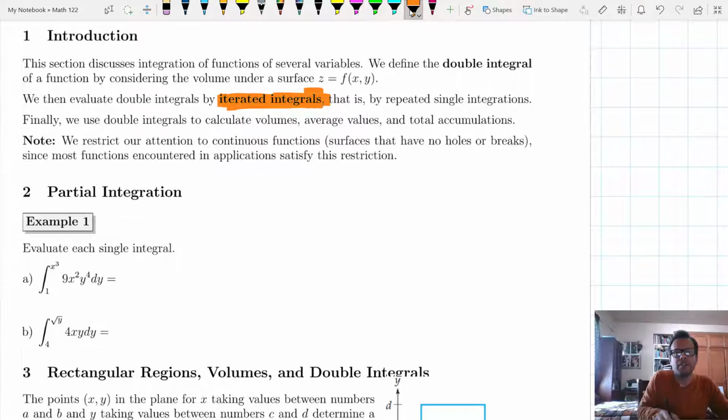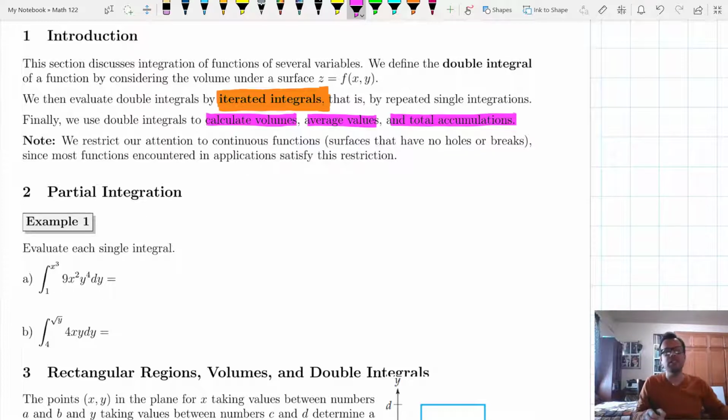You might have heard this term if you have taken a programming class, for example, iterations, when you do cycles. These integrals are used to calculate volumes, average values, and total accumulations. We're going to skip average values and total accumulations, and just have time to cover the volume.